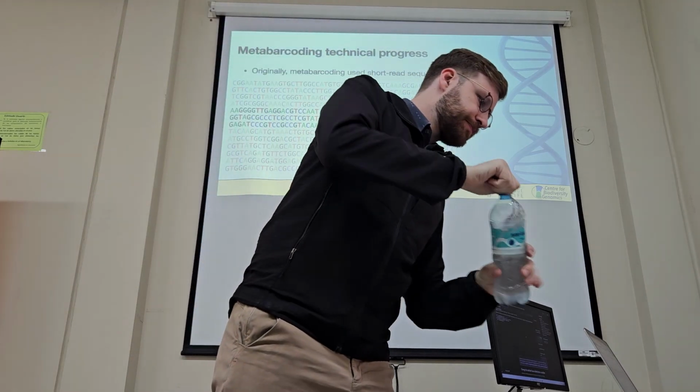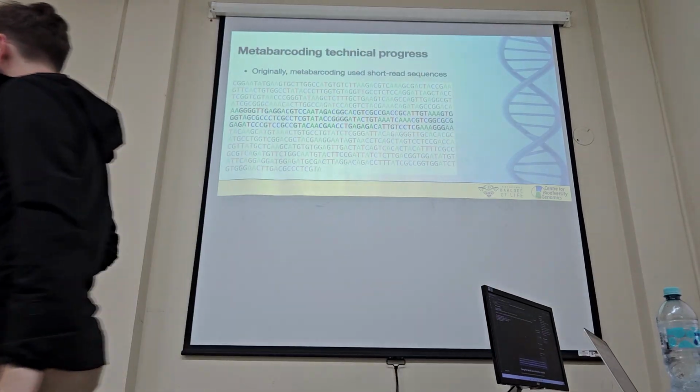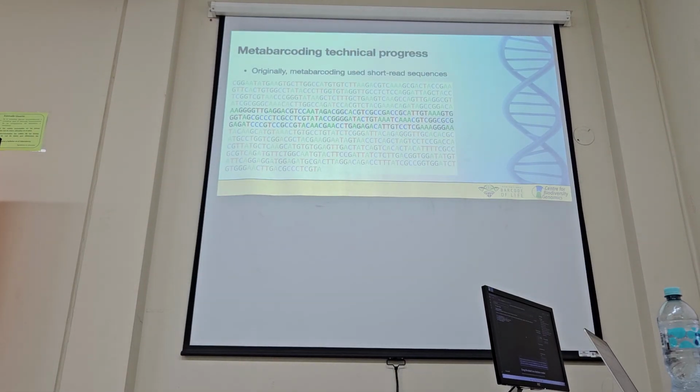In many ways, that's the reason metabarcoding was built around these short reads, because initially those were the only platforms where you could get the read depths you need. Yes, that's correct. People still use it. That's the way CBG primarily does the metabarcoding.